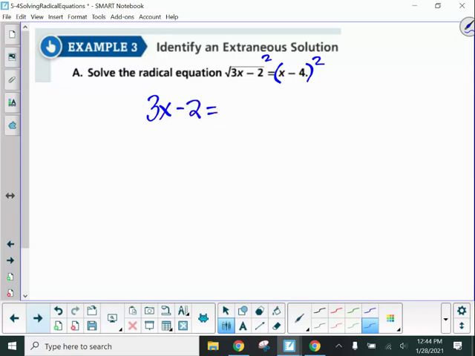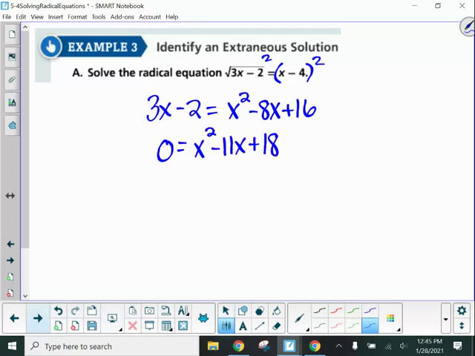When I square the other side of my equation, I'm going to be left with x squared minus 8x plus 16. If you distribute the square, you will get this question incorrect. So please, please, please make sure that you square your binomial properly. All my radicals are now gone, so I can get everything on one side. So I have x squared minus 11x plus 18.